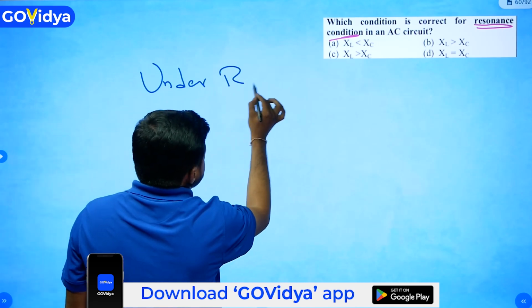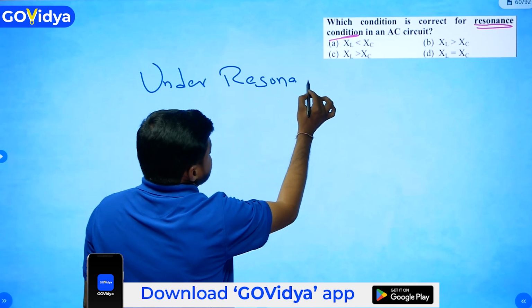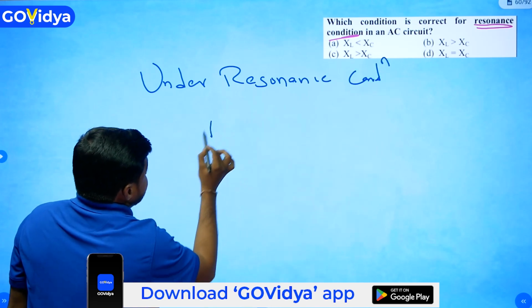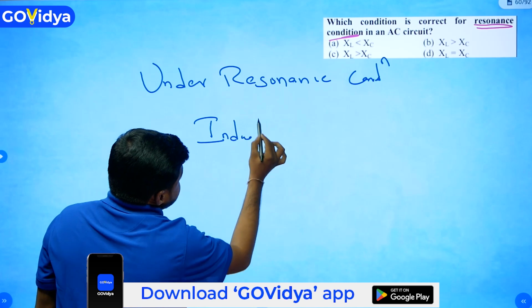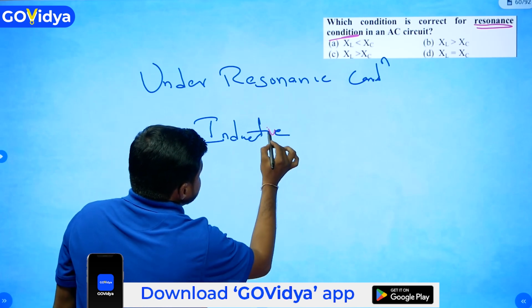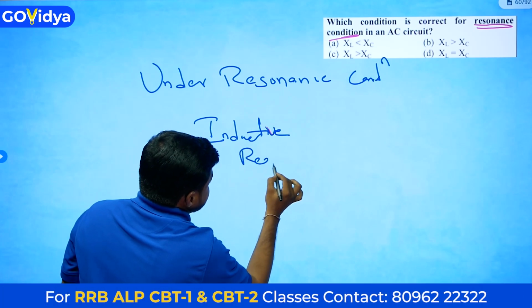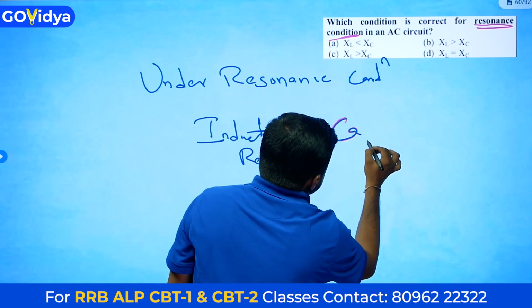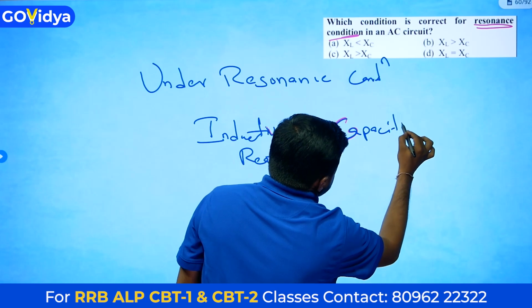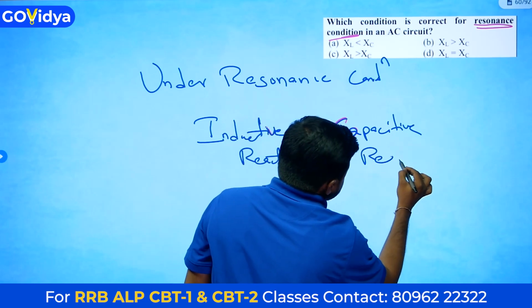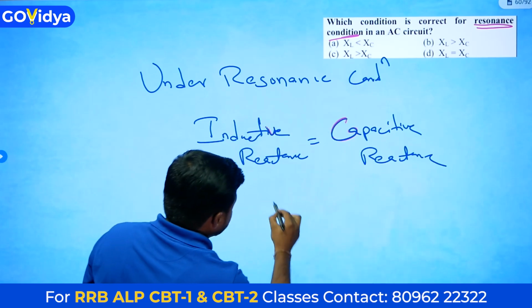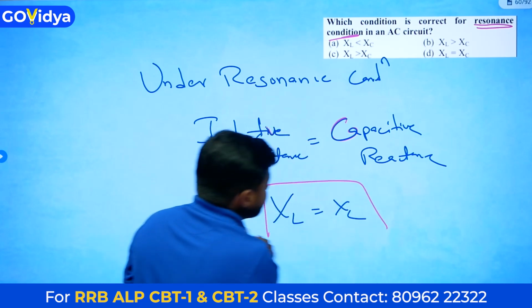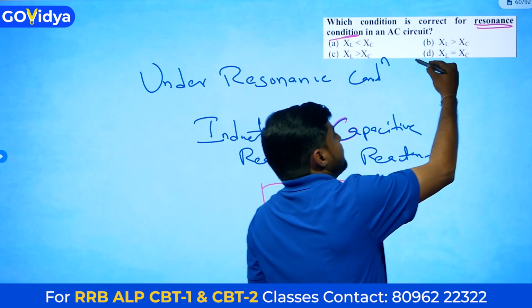Inductive reactance XL is equal to XC. From the options, option D is the correct answer.